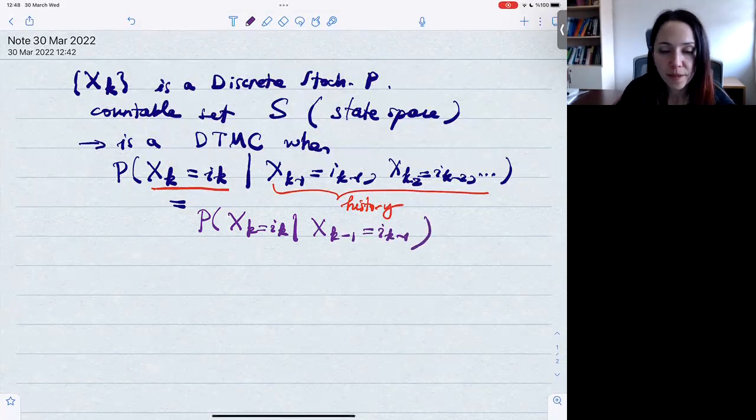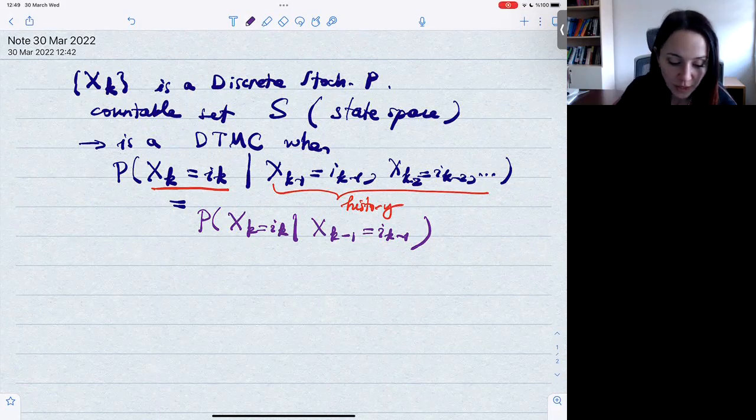Basically, the definition of a Markov chain is that the distribution depends on the past only through the most immediate past, the most recent past value that is known.